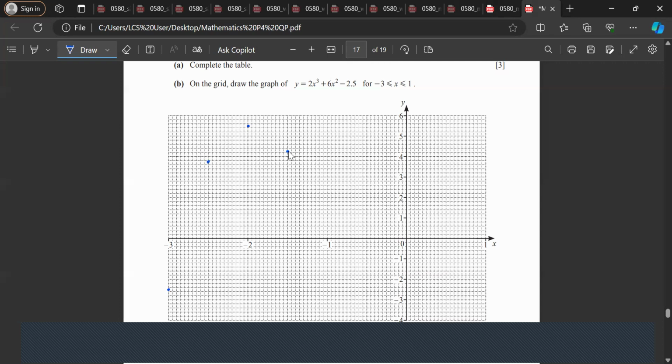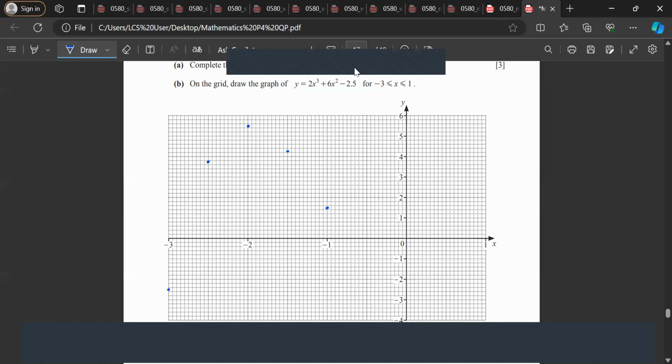Then I have -1 and 1.5. So it is here between 1 and 5. Then I have -0.5 and -1.25.